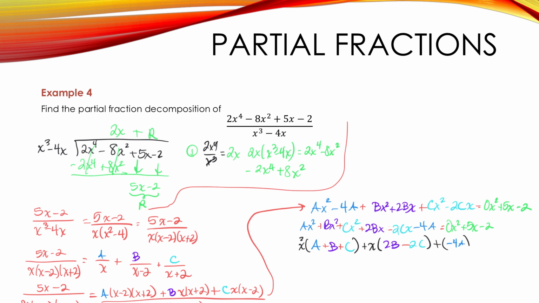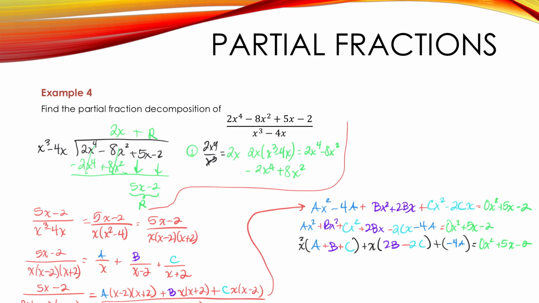So when we start equating coefficients, I may actually start from the back instead of the front. I usually start with my x squareds, then my x's, and then my constants. But in this case, there's probably a faster way to get started. I only have negative 4a as a constant, and on the other hand side I want negative 2.